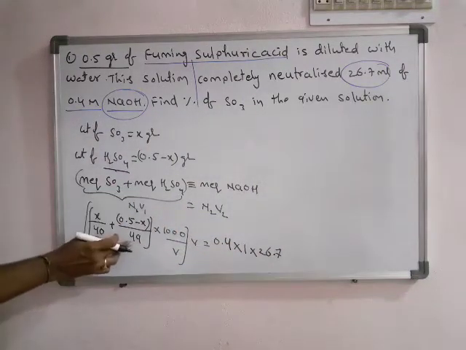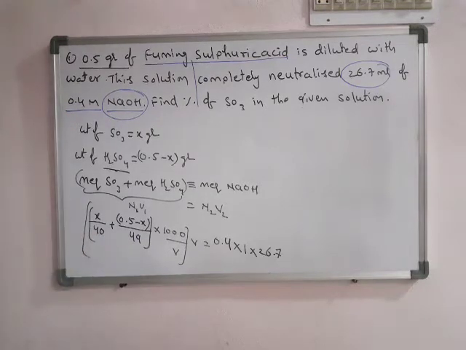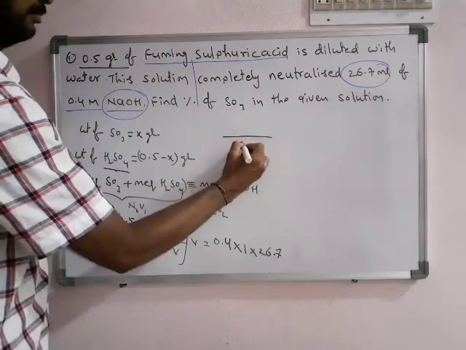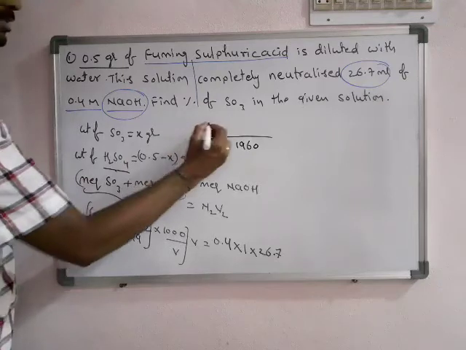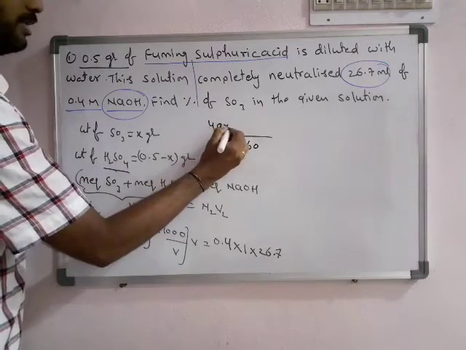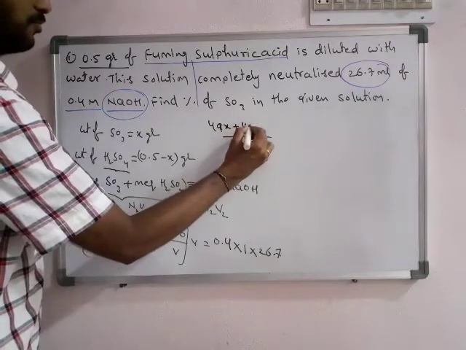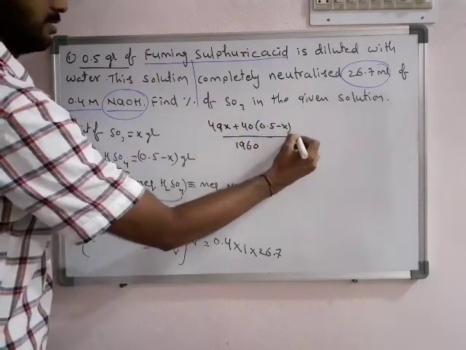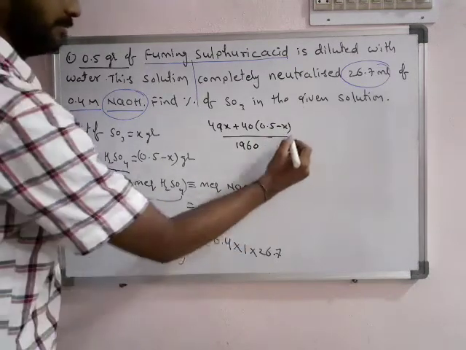So here by taking LCM, we will get 1960, and this is 49x plus 40 into 0.5 minus x. 1000 will get cancelled.